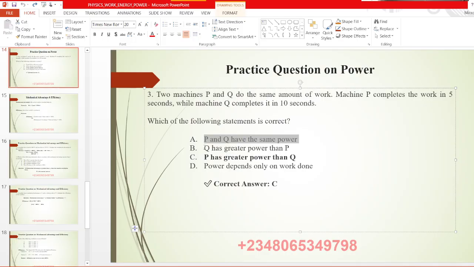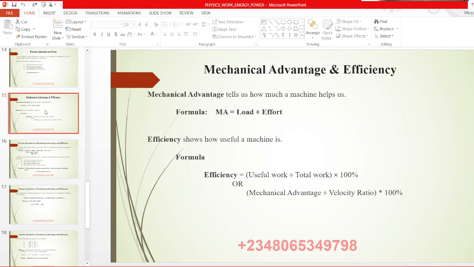No, because Q completed the same work in a longer time. P has greater power than Q? Yes, because it must have exerted a higher force than Q. So please take note of how to answer questions this way.